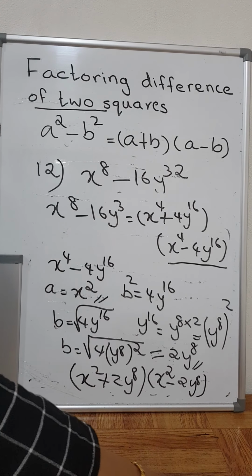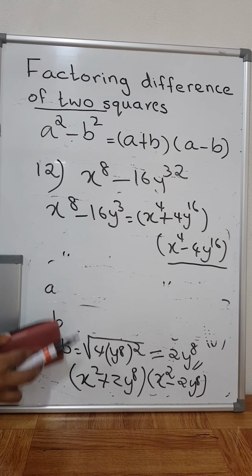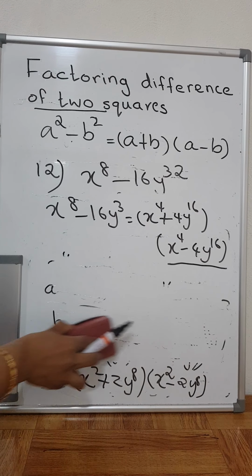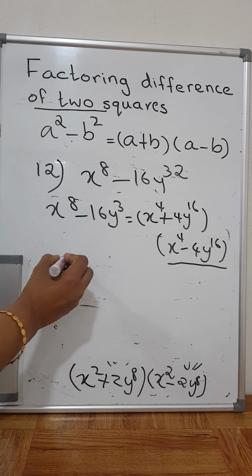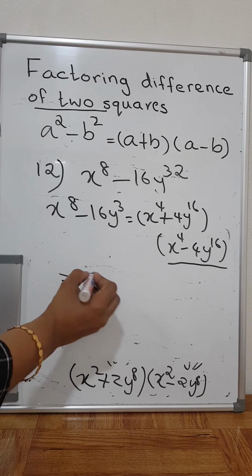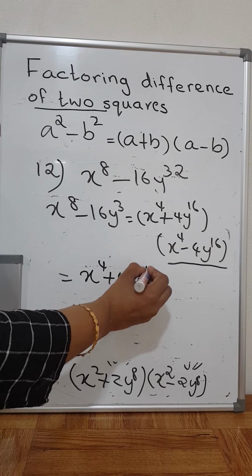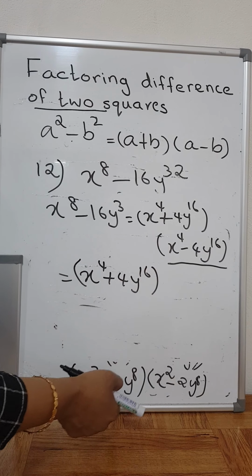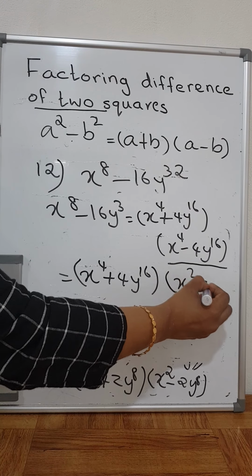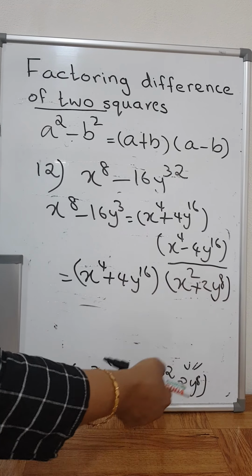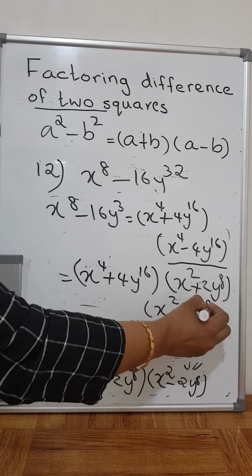So we can rewrite it using the final answer we got. x to the power 8 minus 16y cube is x to the power 4 plus 4y to the power 16 times, when we simplified it, x square plus 2y to the power 8 times x square minus 2y to the power 8.